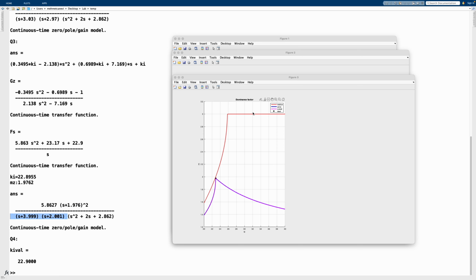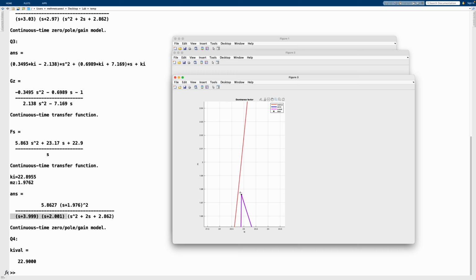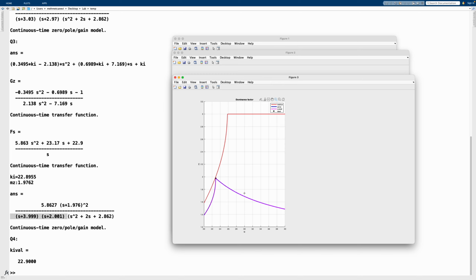So here we can see that at this exact point where we're working at, it doesn't touch it, or it doesn't intersect with the pole's dominance factor here. And due to the minimum that we take, that's basically not getting affected.